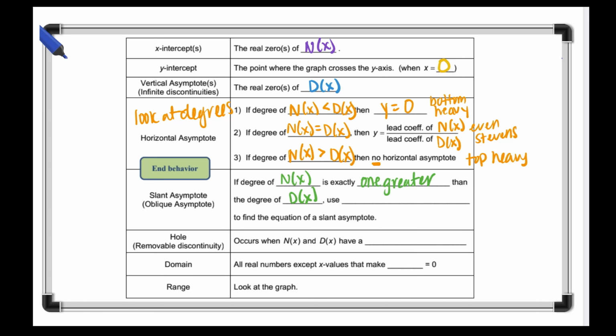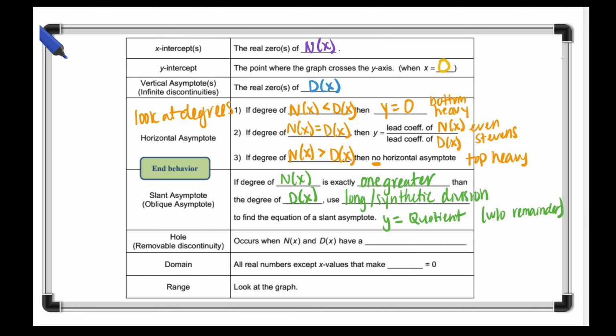If that's exactly 1 greater, you're going to use either long division or synthetic division, so you can find the equation of your slant asymptote. It's just going to be y equals whatever your quotient is. You are not going to include the remainder. So no remainder, just y equals your quotient.